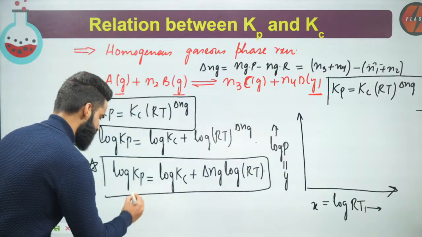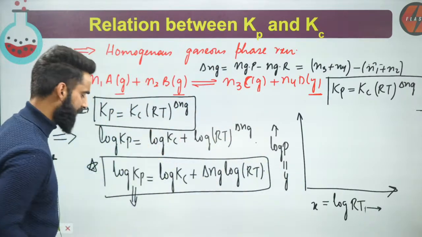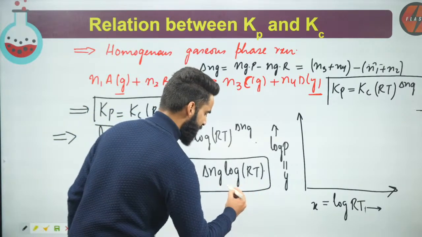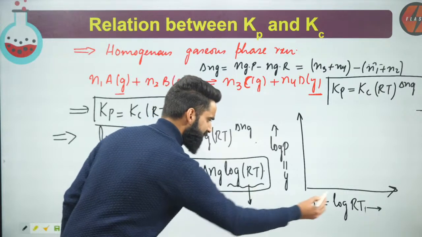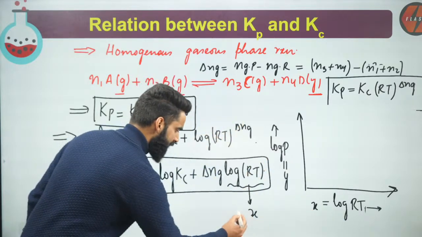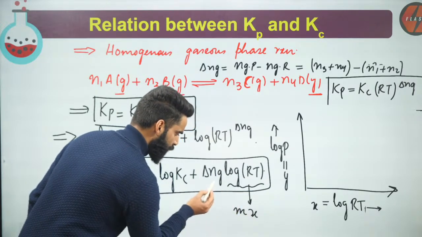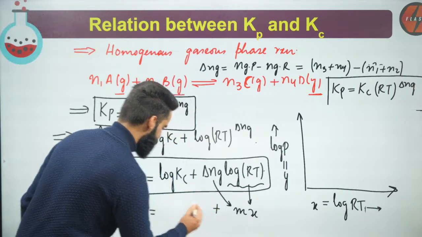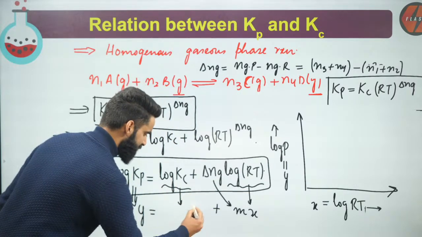So instead of log of Kp, I'll simply write y, and instead of log of RT, I'll write x, and before x we always write m, where m is the slope, and m over here is your delta Ng, and over here you got the plus sign, and log of Kc is nothing, it is just the intercept.